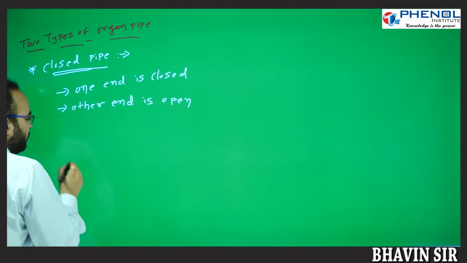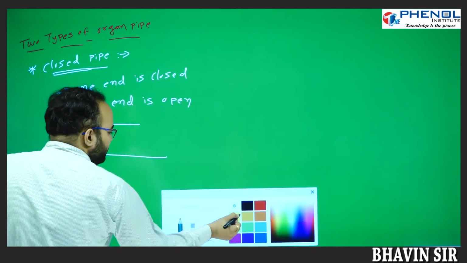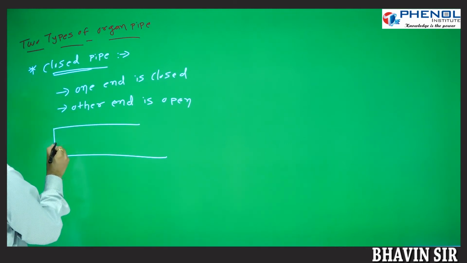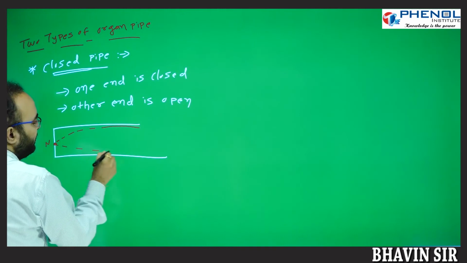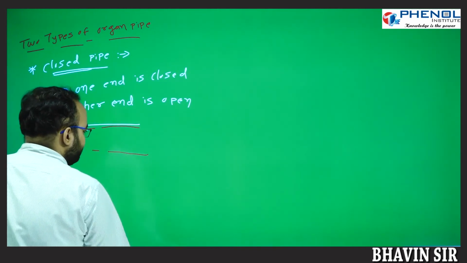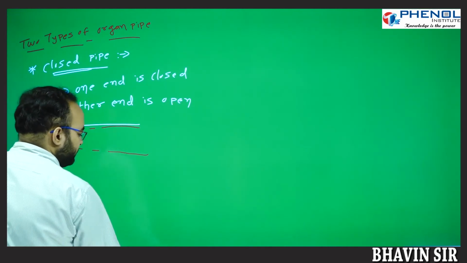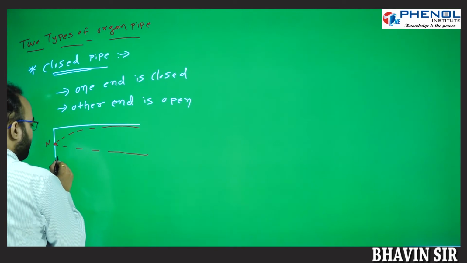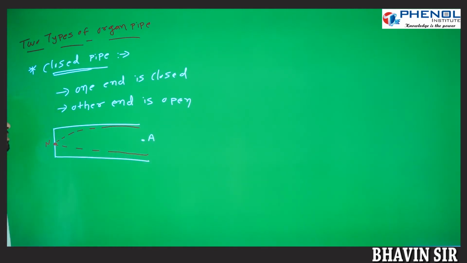This is the closed pipe, and students remember that at the closed end a node is formed, and at the open end an antinode is formed.